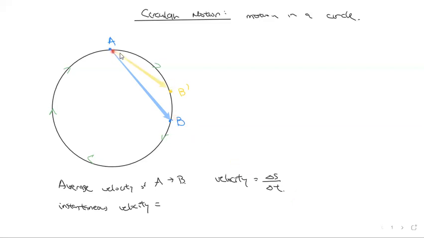And that means this yellow direction will give me a closer approximation to the direction and magnitude of the velocity at A, right? And I could, of course, take an even shorter one to B double prime.